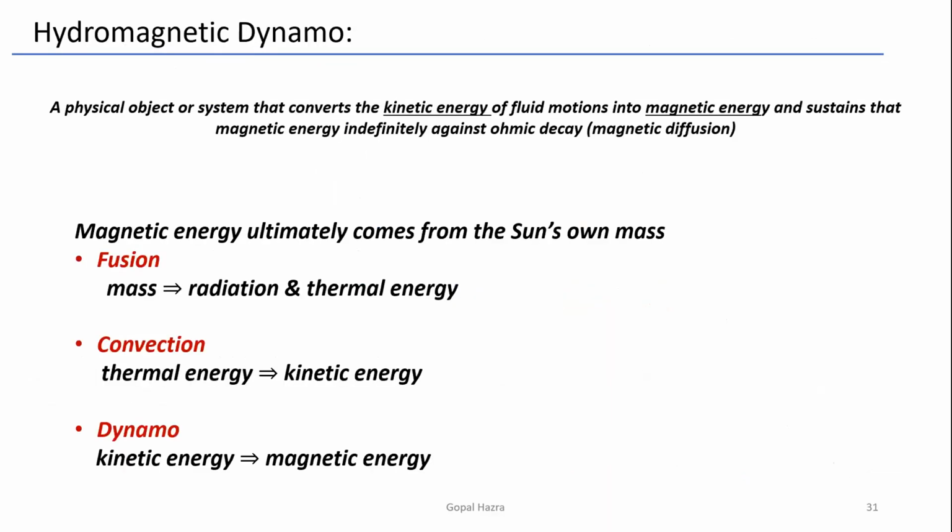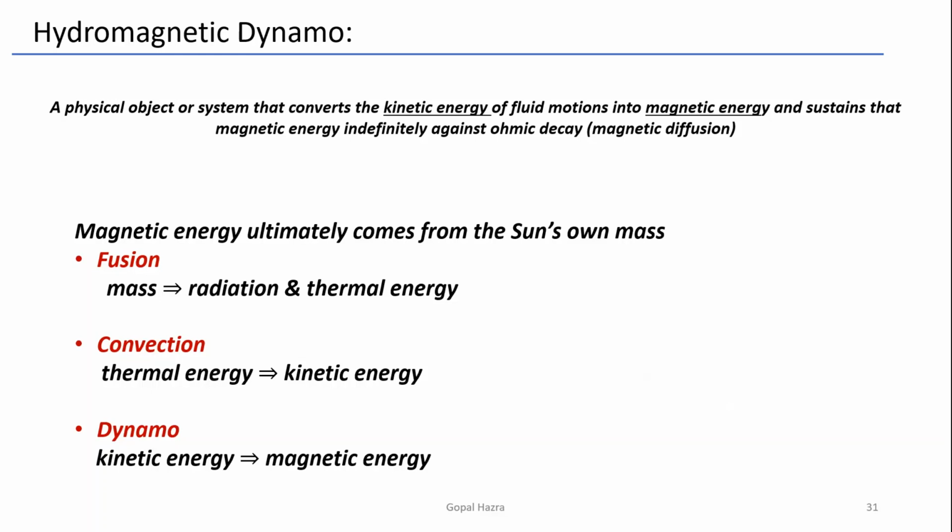Now I come to the dynamo. A dynamo is a physical object or system that converts kinetic energy. You have nuclear reaction, your radiation energy or nuclear energy, getting transported via radiation. When convection comes, convection is transporting kinetic energy, the motion of blobs, the motion of gas and everything. What the dynamo does is take the fluid motion everywhere and create magnetic energy out of it.